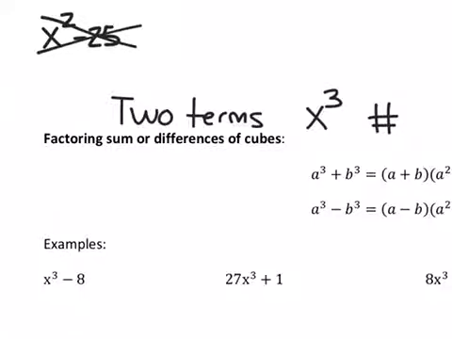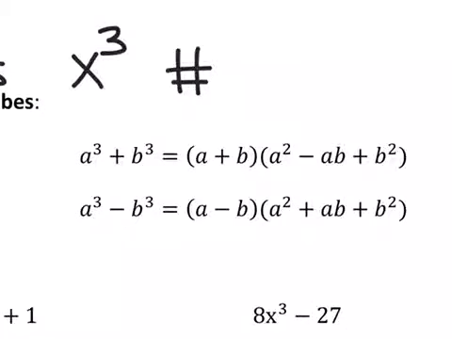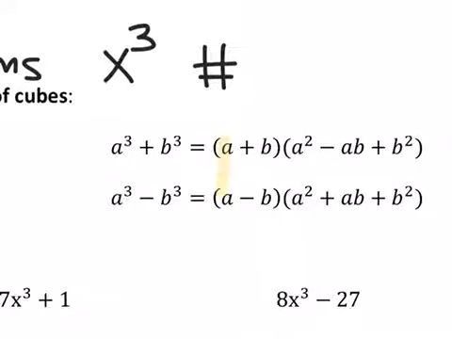Now, what these formulas are here, they look intimidating. But I'm going to go ahead and highlight some of the things that are shared between these 2. And when we look at it from this perspective, we realize that it's not really memorizing 2 formulas because everything highlighted is the same between the 2. The only things that are different is a little bit of addition and subtraction on a couple of them.